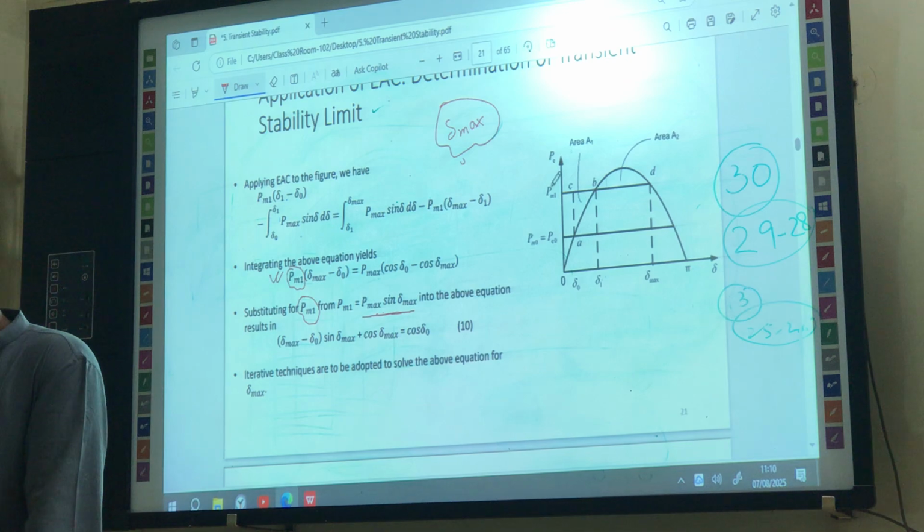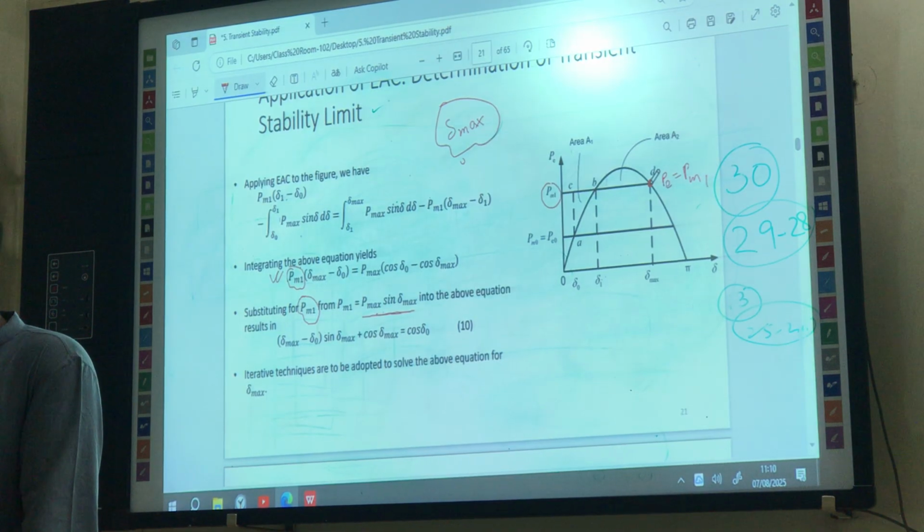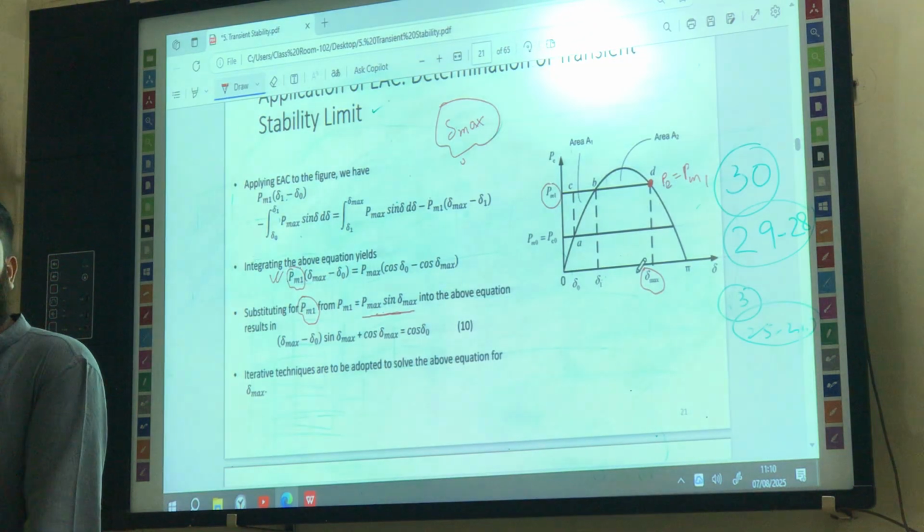How? This is Pm1. At this point, the Pm and Pe are equal, right? At this point, this P and Pm1 are equal. So what is Pe here? It is Pmax sin of this angle, delta max. Okay.